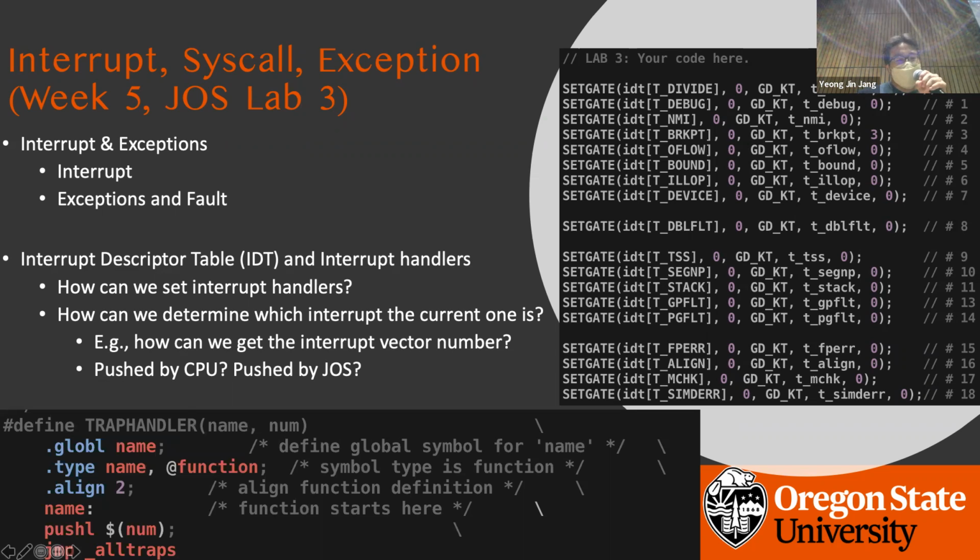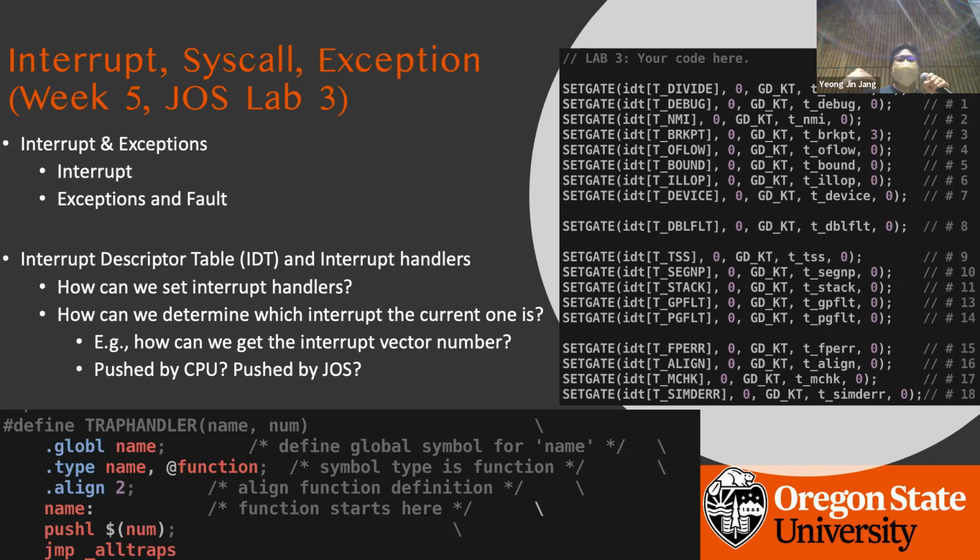One of the important questions here is that when an interrupt happens, some of the data are automatically stored by the CPU, and some additional data need to be provided by the operating system.